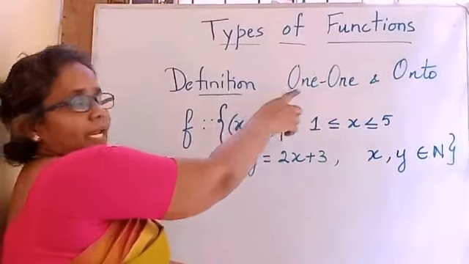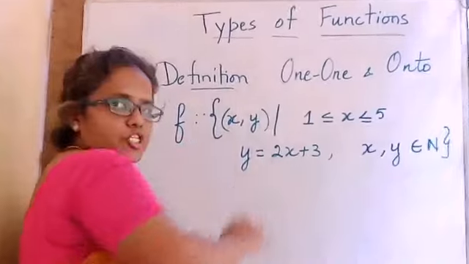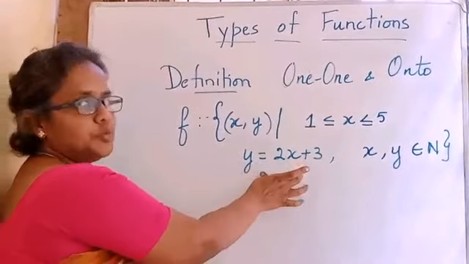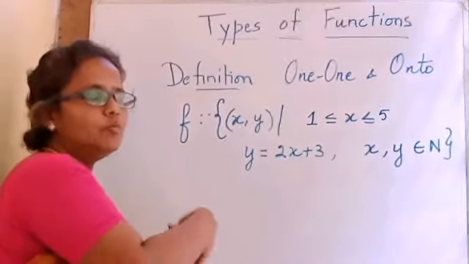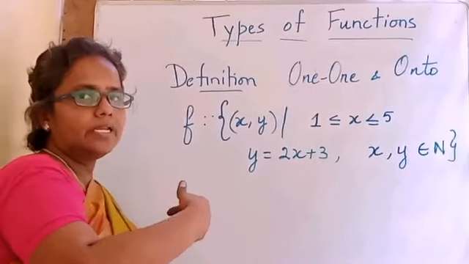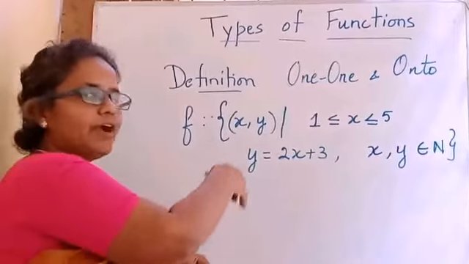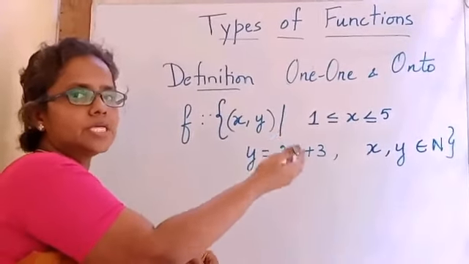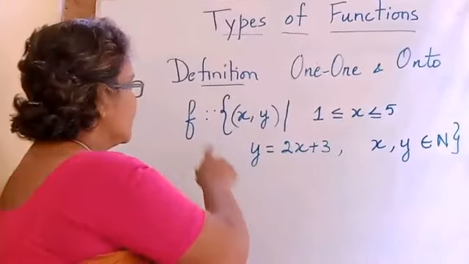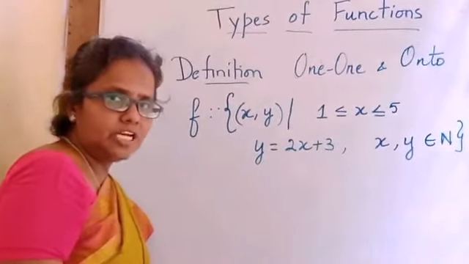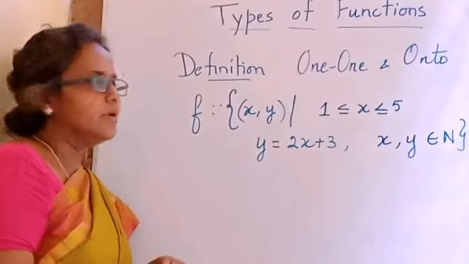So now I'll explain the one-to-one and onto function based on the algebraic notation of a function. In this example, you'll be able to understand how to calculate and manipulate the values and then find out the domain, the range as well as the values present within the function. Now the function is written in the set builder form.